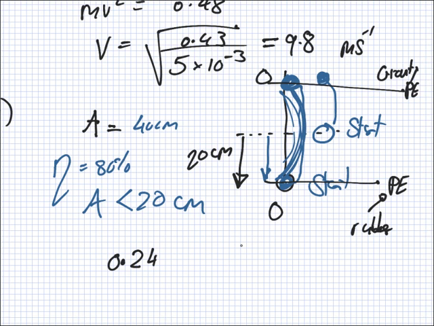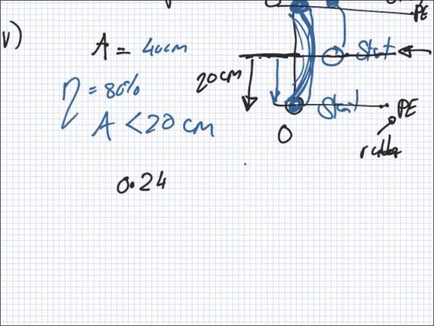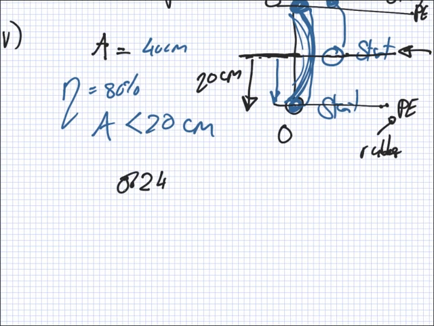Now that's if I take this as the starting point. If I take this as the starting point, then it's a different answer. Because of what you said, he said kinetic energy equals potential energy, so it sounds like he's taken this as the starting point. So I'll do both answers to show you.